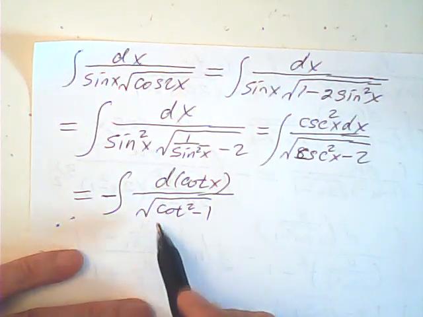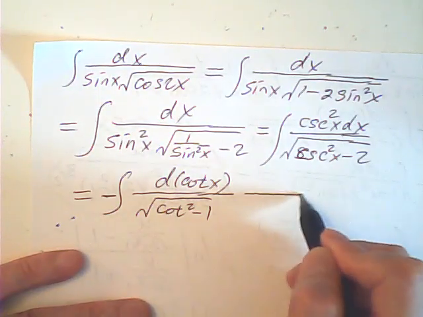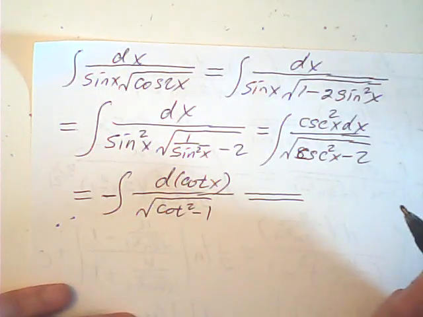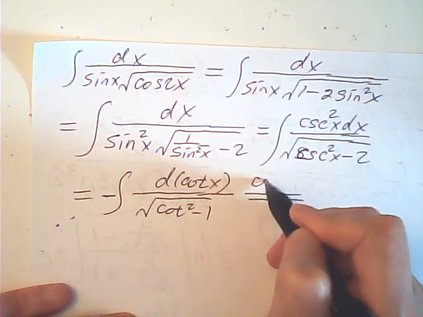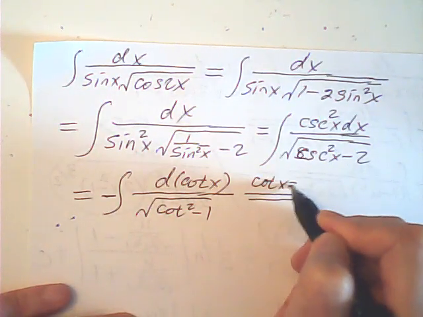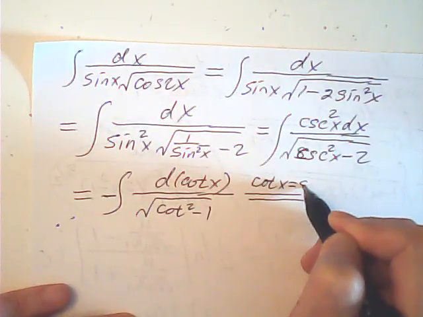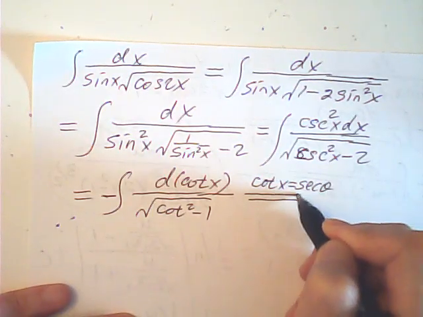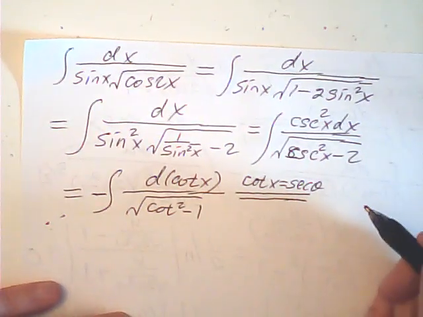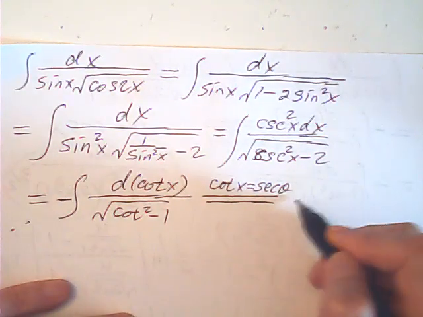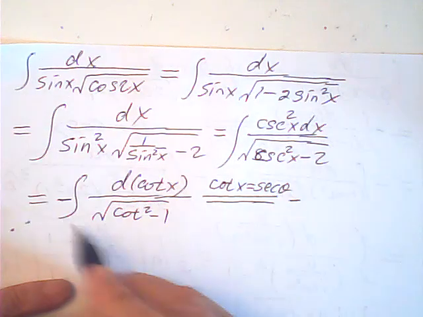Then to get rid of a square root, we use trigonometric substitution. Let the cotangent x be secant theta, right? So this is negative.